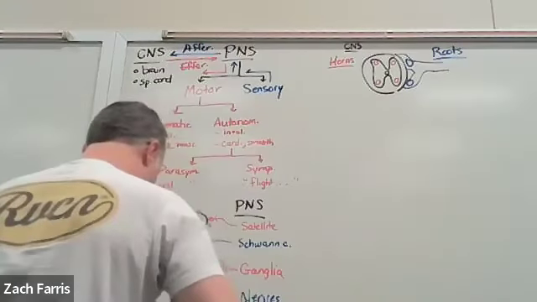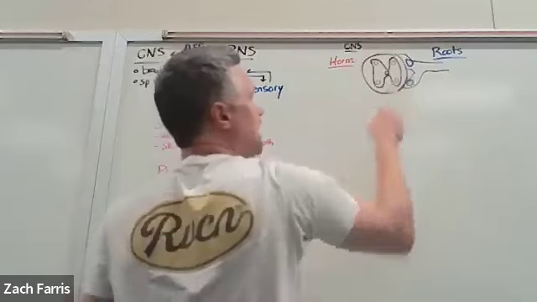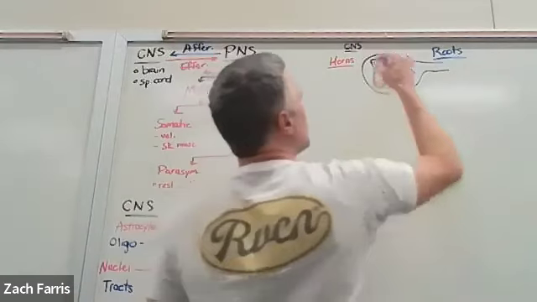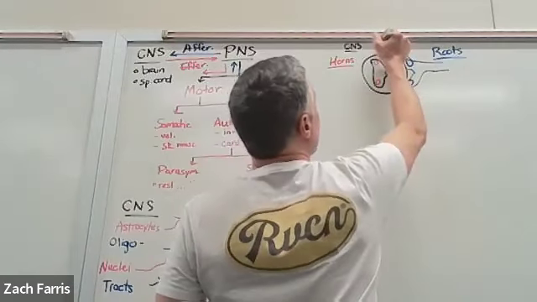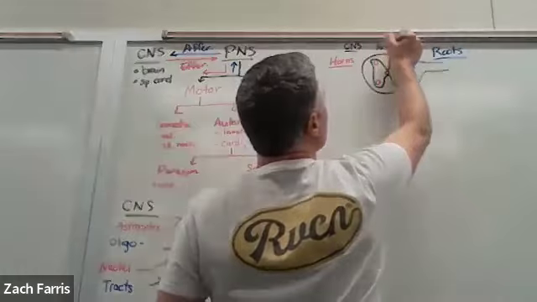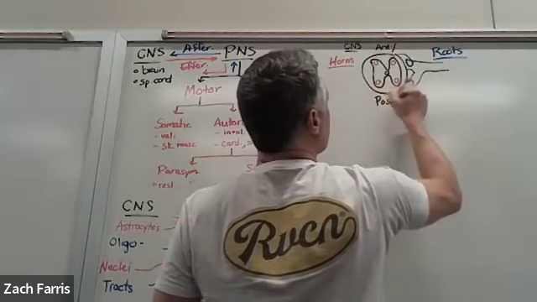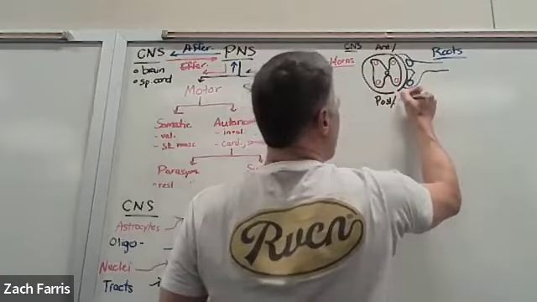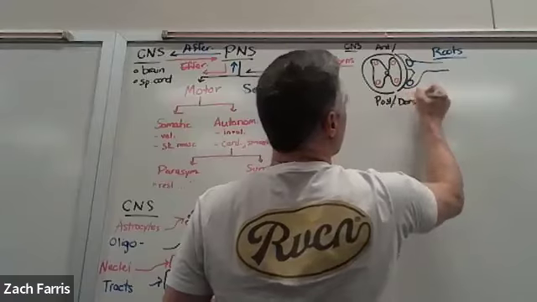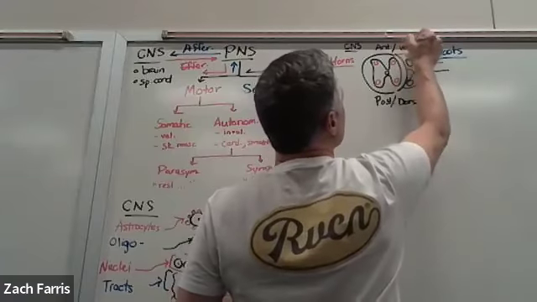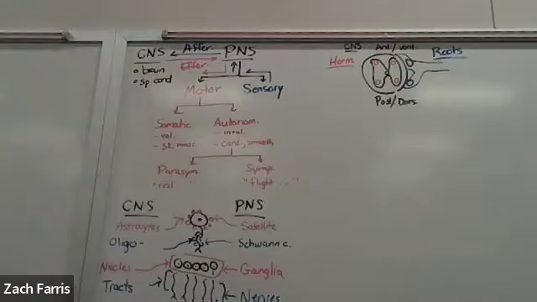Now we need to label this spinal cord. How are we going to label each side of it? What would you say? Yeah, we can go anterior, posterior, but how else are we going to label that? Ventral, dorsal. So I'm going to put both of those up here. I've got anterior ventral, posterior dorsal.